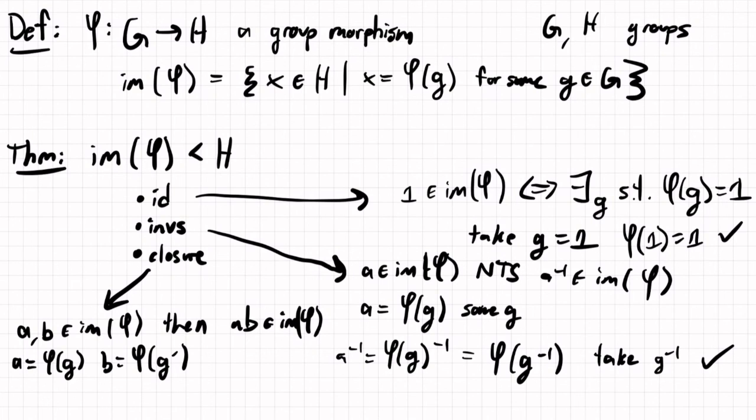But then, the defining property of a homomorphism says phi of g times phi of g prime, which is equal to a times b, is equal to phi of g times g prime.